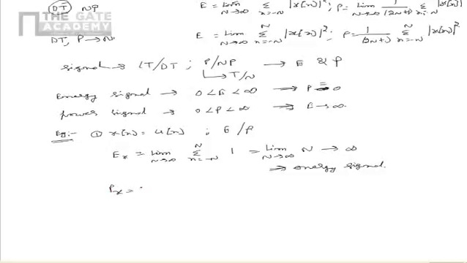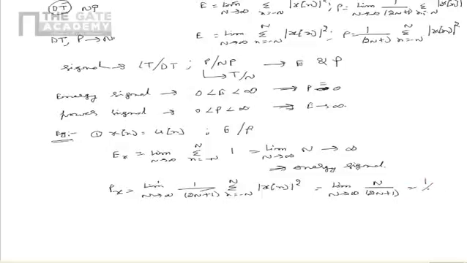Similarly, the power of the signal P_x is given as limit N tends to infinity 1 by 2N plus 1 sigma n equal to minus N to plus N mod of x of n whole square. So upon substitution, this can be written as limit N tends to infinity N by 2N plus 1.